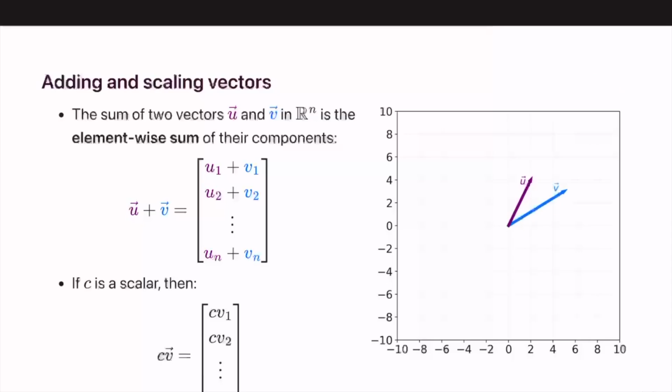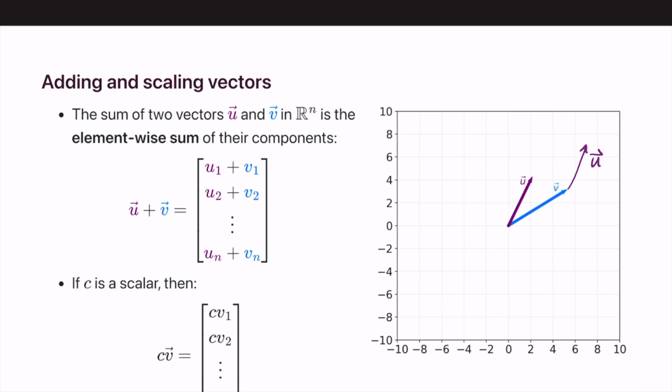Remember when we're adding and scaling vectors that we want to take, for example, this vector v here and add u to it. So we go from the origin to v, and then we take u and add it on, and that gives us this sort of parallelogram. So here we have v, and this is over 1, up 2, and u would be like that.